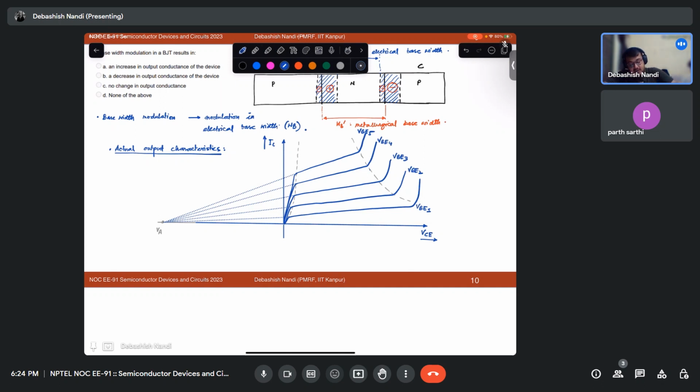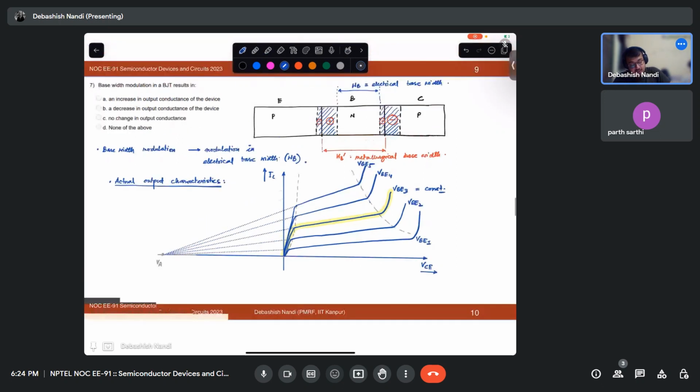Let us be on one plot where we make VBE constant, so we are looking at one IC versus VCE characteristic for a particular VBE.